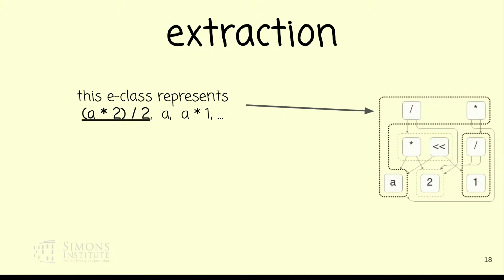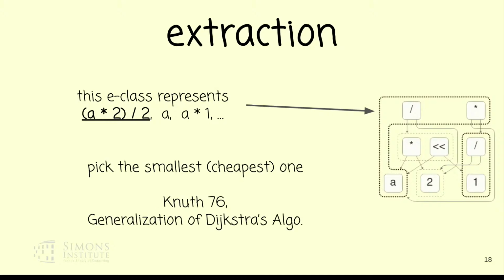Like I said, it represents a ton of programs. We don't want to extract A times 1, because that's not optimal. We want to extract A. So we want to pick the one with the smallest, cheapest size. We use an algorithm that turns out to be from Don Knuth in '76. It's basically shortest path over hypertrees. It's a very simple bottom-up algorithm.